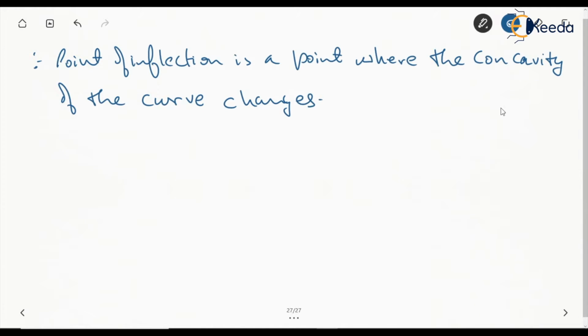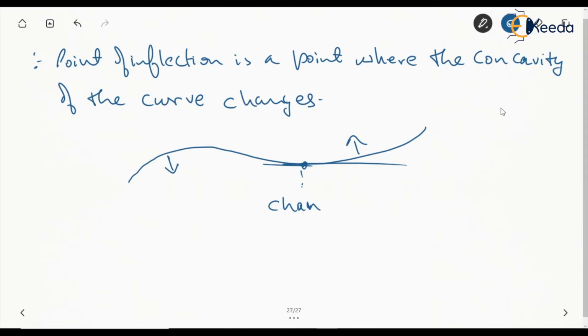So if the curve was concave down and then it changes to concave up, so this is concave down, this is concave up, at some point it has a change of concavity, right? So this change of concavity gives the point of inflection.